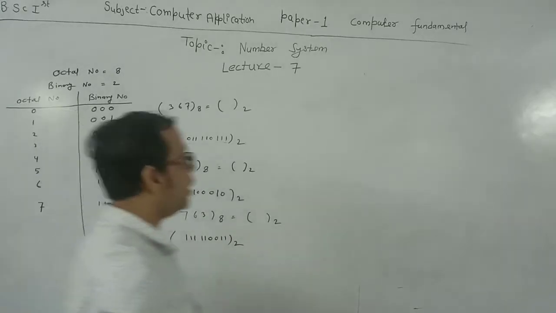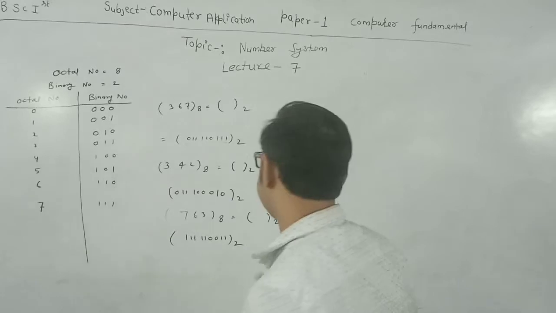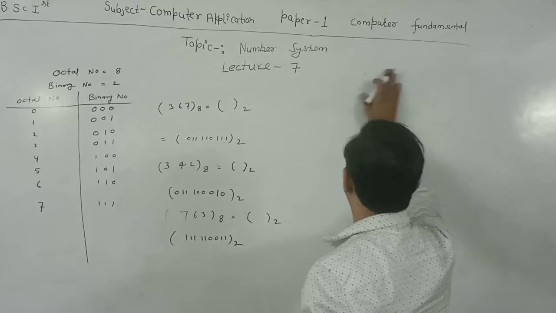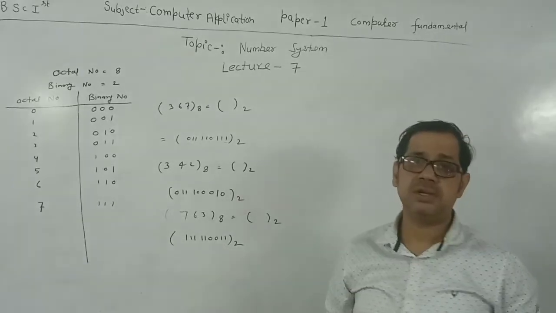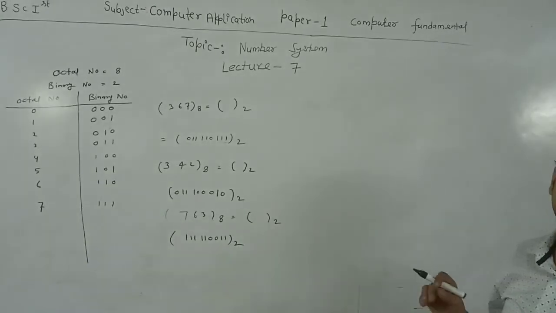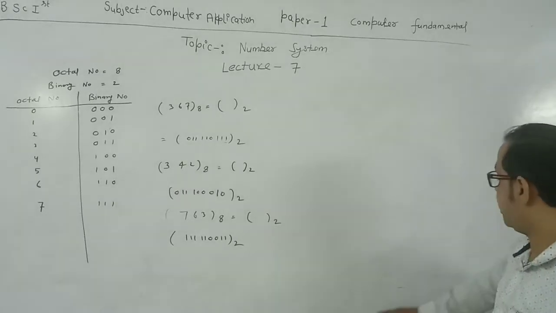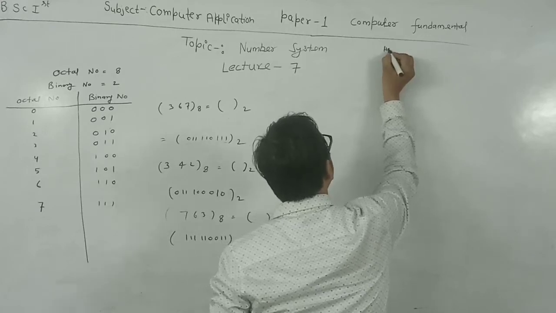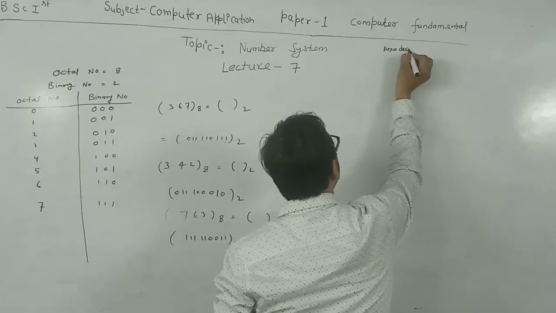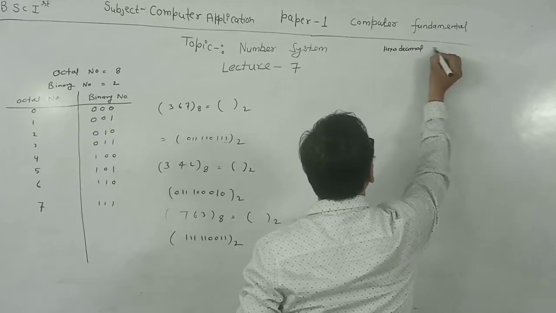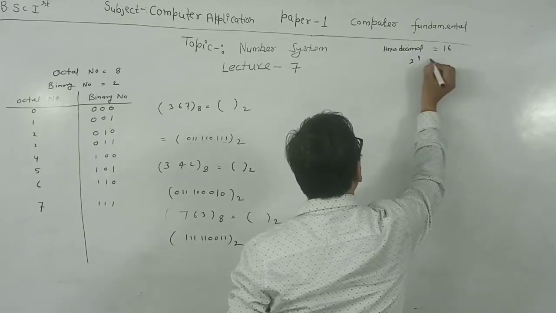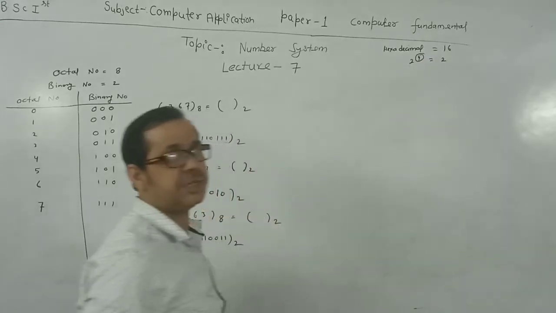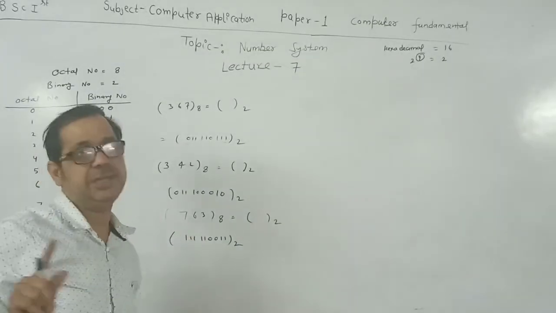We have also done the conversion from hexadecimal to binary. So first of all I want to discuss the hexadecimal to binary table. We know that hexadecimal has a base of 16, which is 2 to the power 4, and binary has a base of 2, so 4 binary digits are required to represent one hexadecimal symbol.